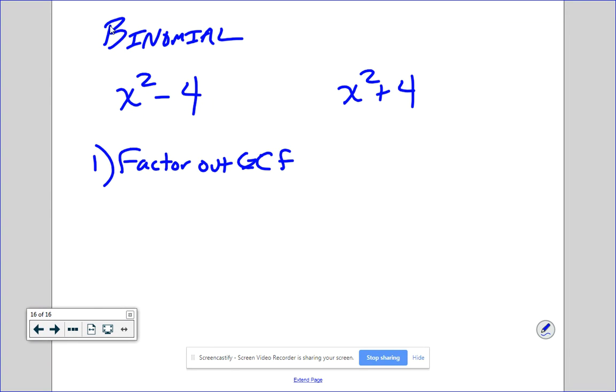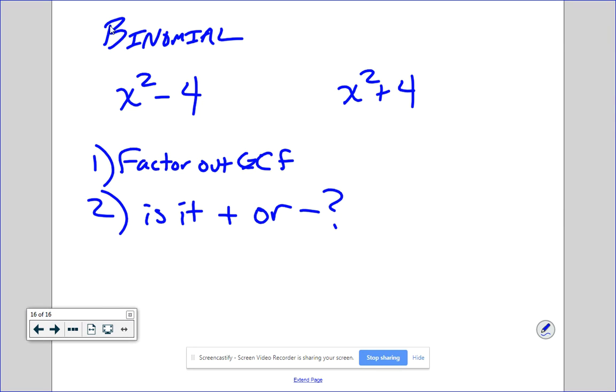Good so far? Step 2. This is going to sound really silly, but it makes a big difference. Is it plus or minus? Does anyone know why it matters if it's plus or minus at that point? No? Okay.